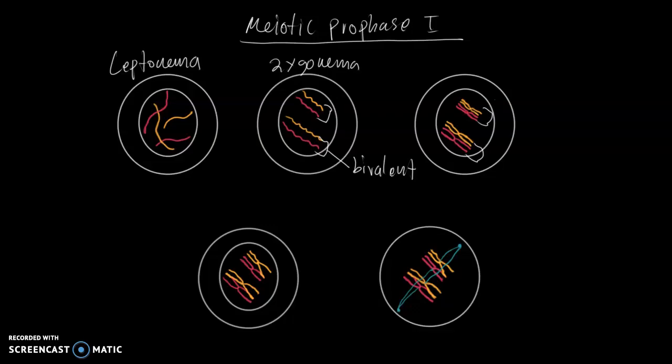We have two homologs, one there and one here, each containing two sister chromatids. We call this a tetrad. And one homolog here, and the other homolog here. This is pachynema.